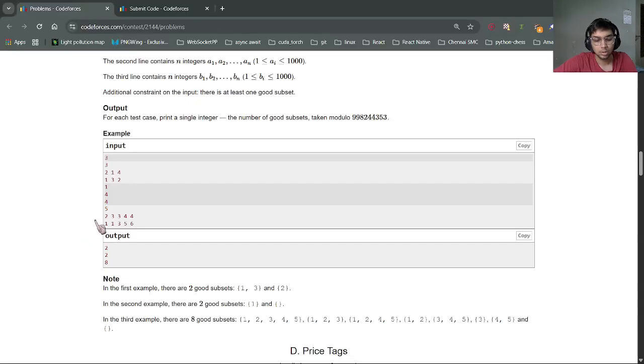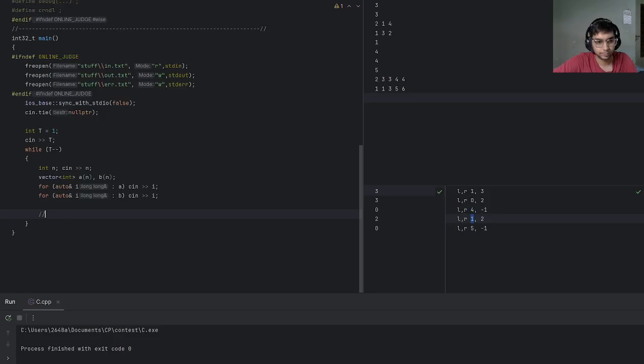So basically, null set is included. Null set is part of the answer if they are already sorted. That's one thing.